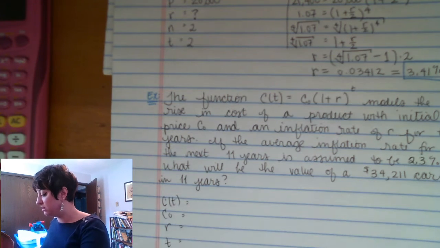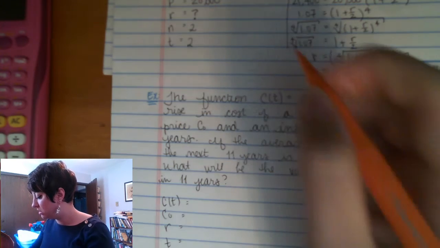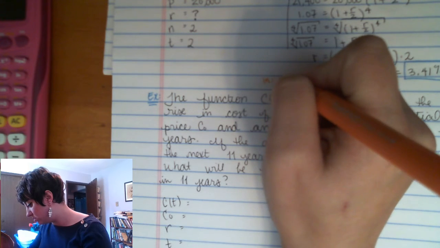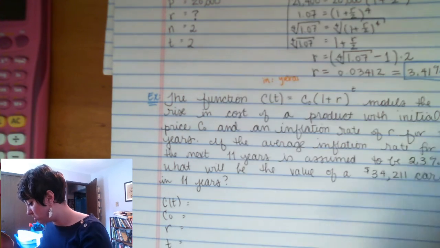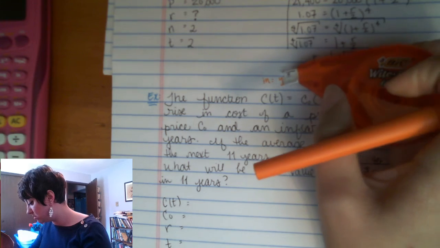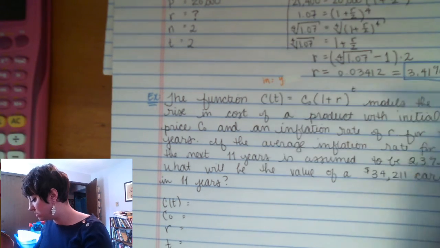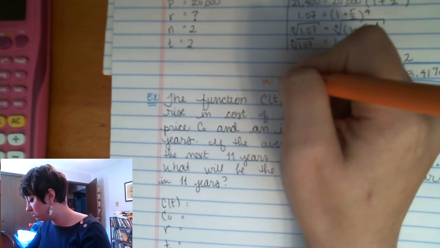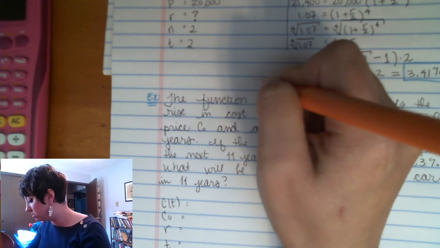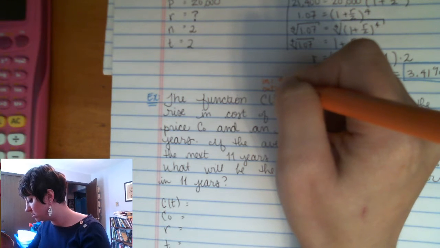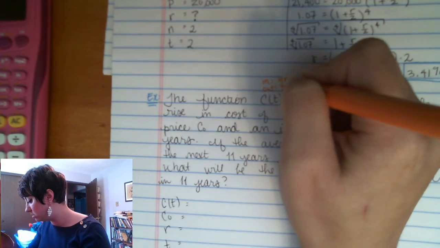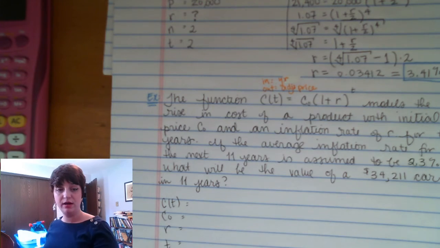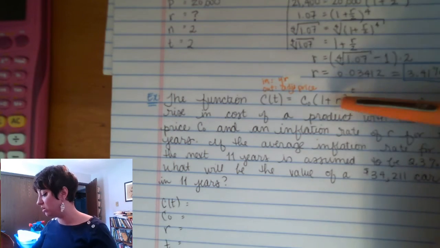So this function is a function of T. So in goes years, out comes adjusted price, right?